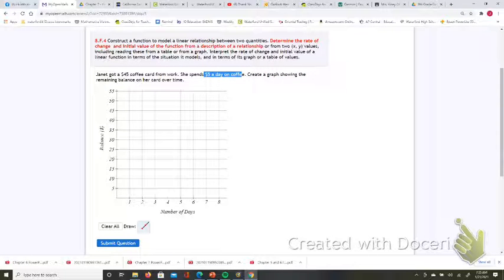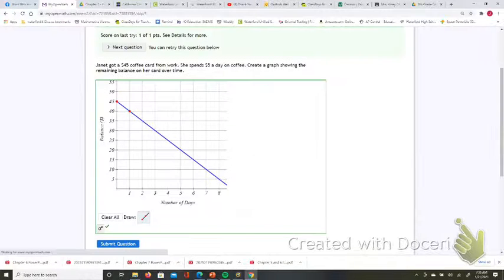Now, she's spending that money. So the amount on the card is going to go down $5 a day. So we're going to start our graph at 45 because that's how much money is on the card. Then we're going to go down $5 and we're going to go over 1 day, and then we're going to submit. Number 4.